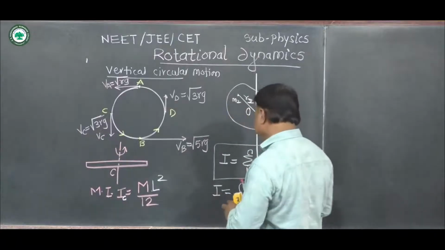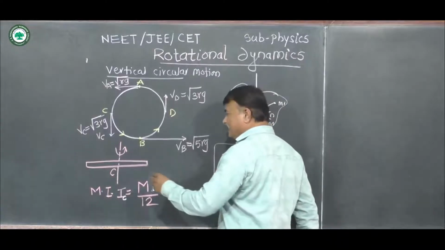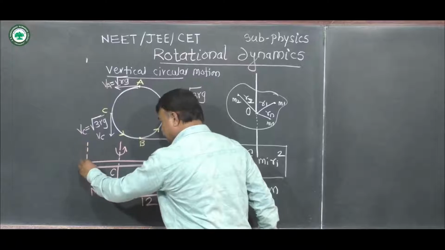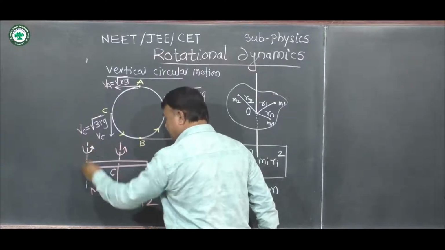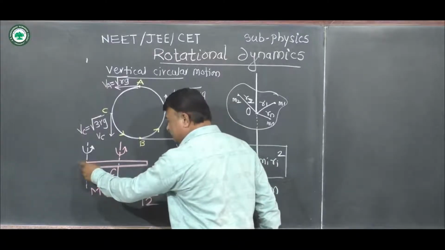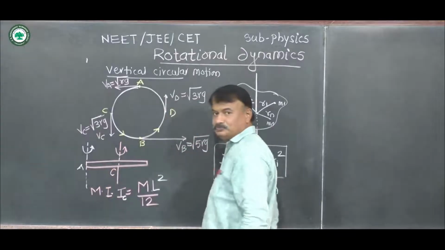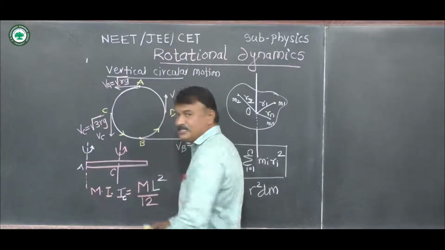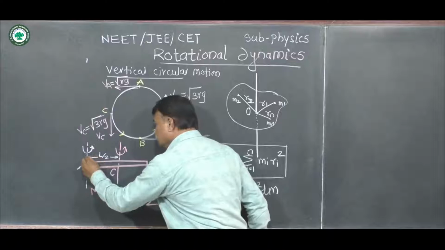Now if we consider the same rod rotating about an axis passing through its one end, like this. The distance between C and point A is L by 2. If the total distance is capital L, then this distance AC will become L by 2.